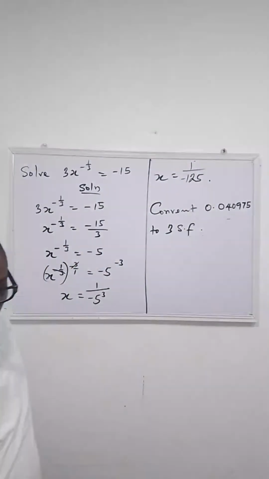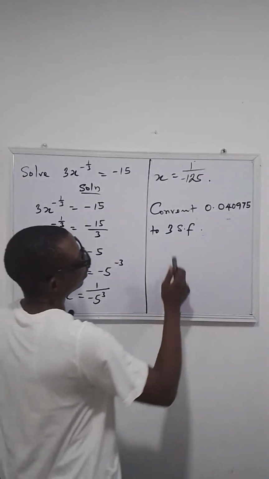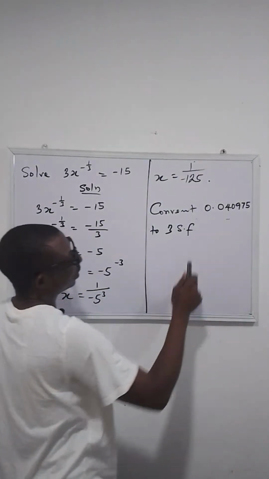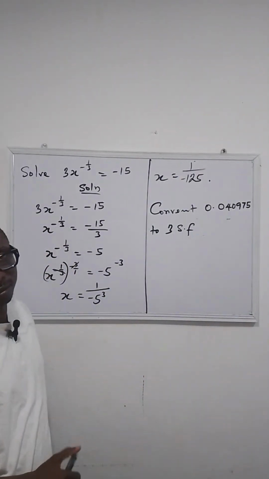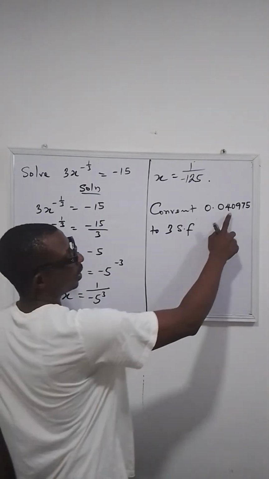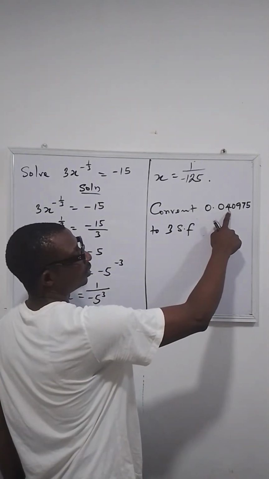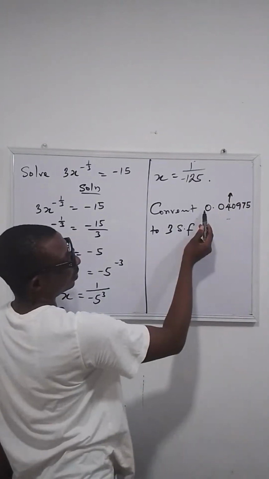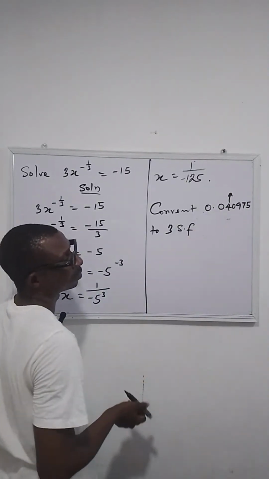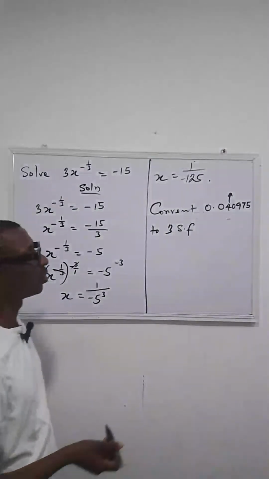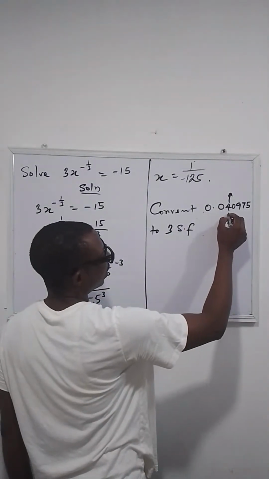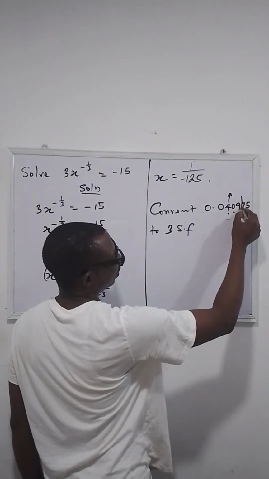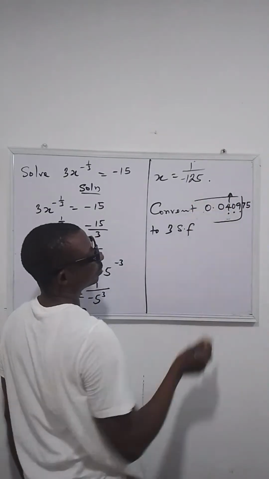All right, so let's look at it. Now, this is significant figure. The first significant digit is 4 here. This is the first significant digit, the first one. It can't be this, it can't be this. So you start from here. This 1, 2, 3, and this is what you are writing, everything here.